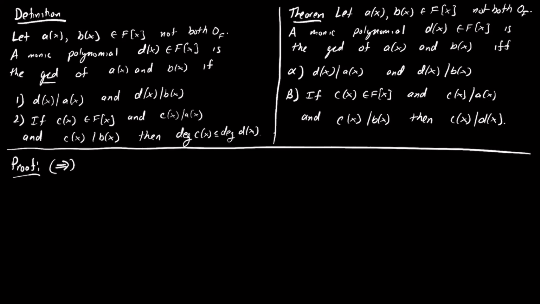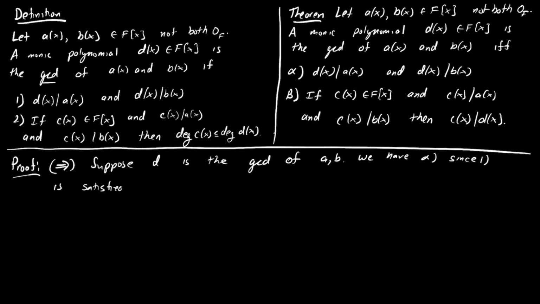So I'll say, suppose D is the GCD of A and B. Well, by definition, we know we have alpha because 1 is satisfied.